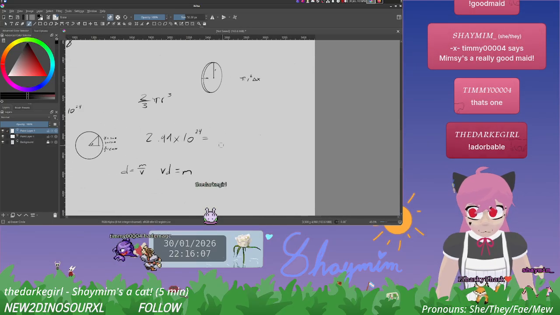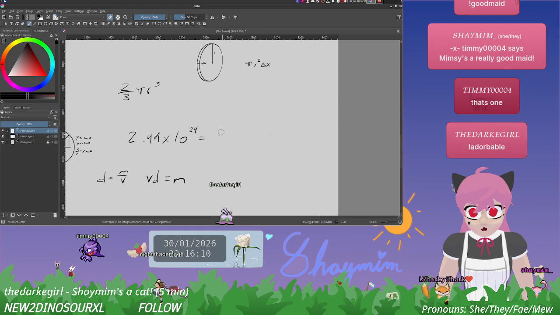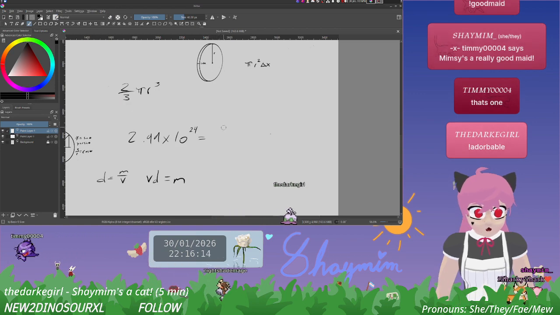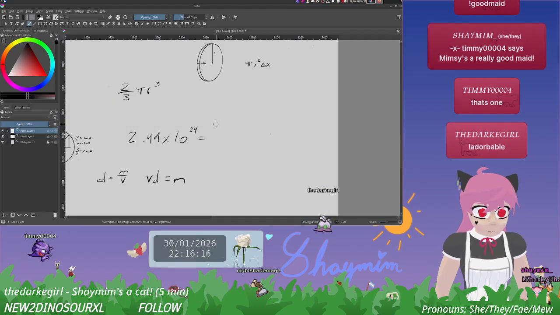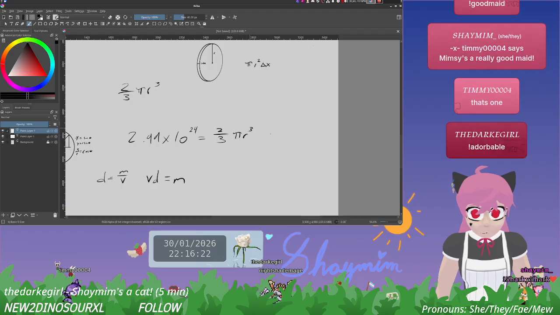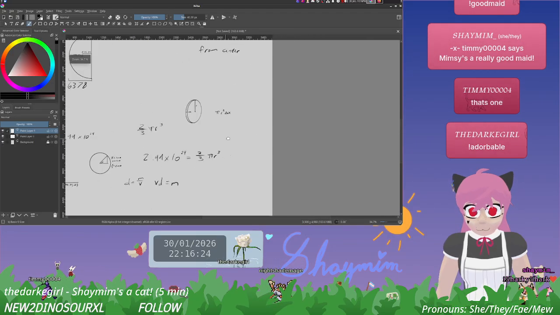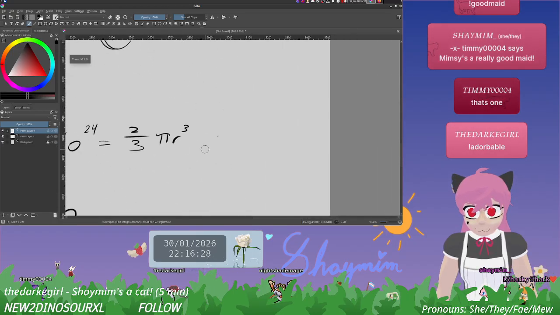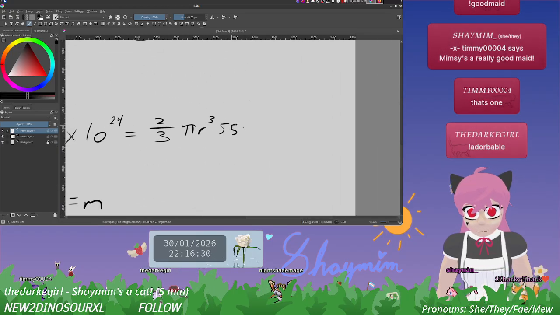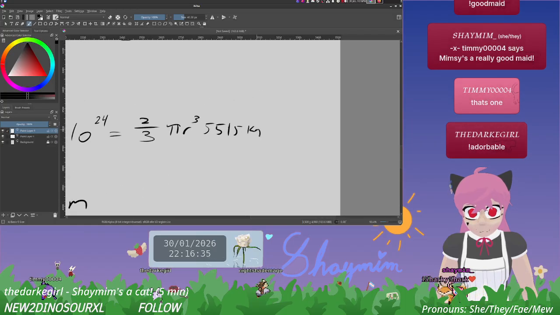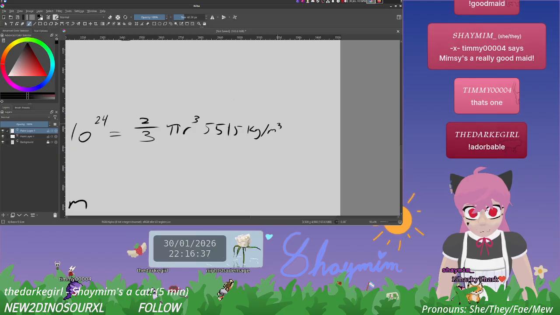So that would be 2/3 pi r cubed times the density, which is 5515 kilograms per meters cubed.